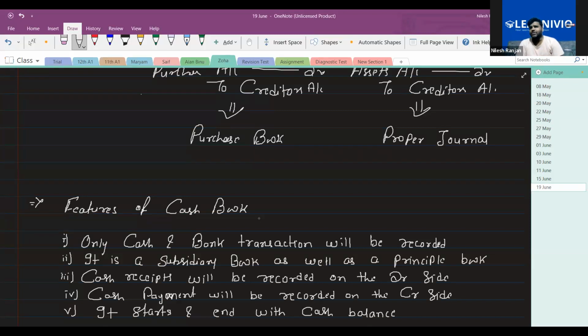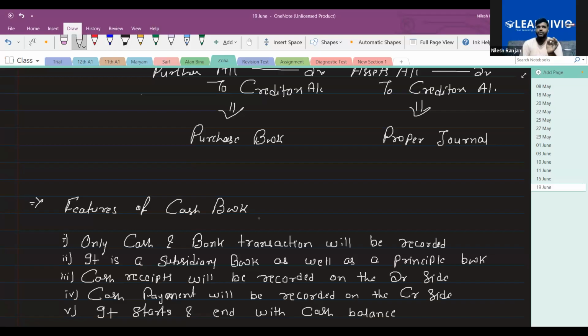If there is any credit transaction, it means there is no cash involved, so we will not record it in cash book. If I'm saying purchase book, it means purchase of goods on credit will be recorded there, because cash purchases are recorded in the cash book and will not go to the purchase book.